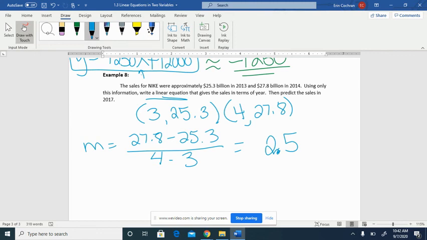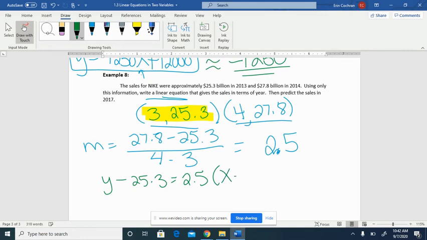Now, if I look at these, we don't have our y-intercept. So to find our y-intercept, we're going to pick a point and put it into point-slope form. So y minus 25.3 equals my slope, 2.5, times x minus 3. Distribute, we get 2.5x minus 7.5.